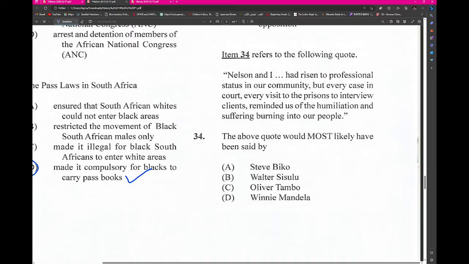So who did this with Nelson? Right? So we have to know who went to court with Nelson back in those times. So it was actually different persons here.